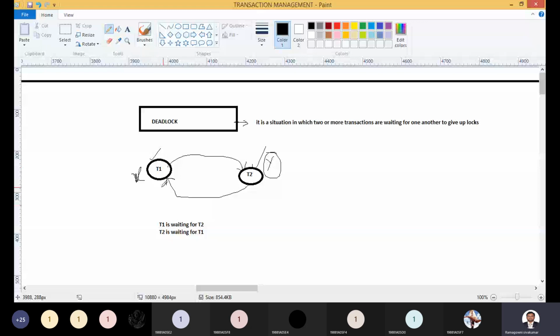That means T1 transaction is waiting for T2 transaction, and T2 transaction is waiting for T1 transaction. Only if T1 gets both items will it complete successfully. Otherwise it is incomplete. So T1 is waiting for T2's item Y, and T2 is waiting for T1's data item X. So it is called a deadlock state.